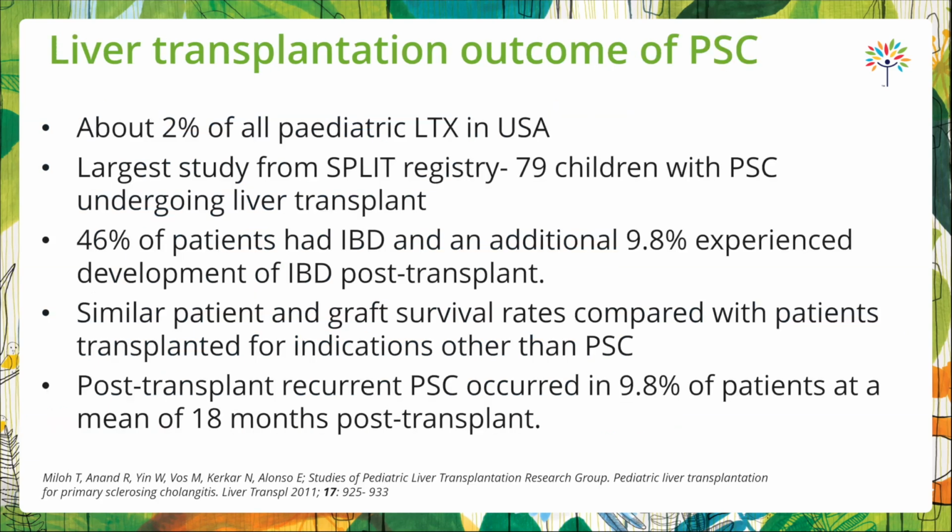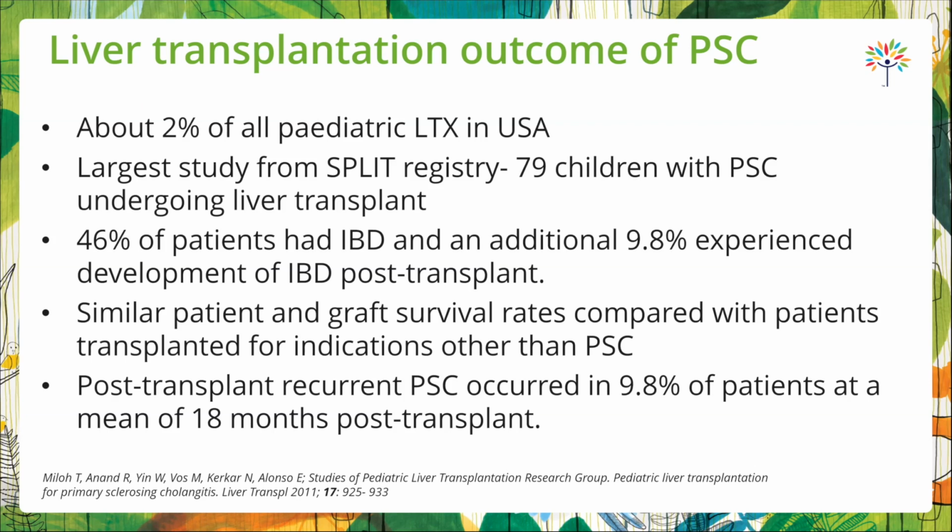What about liver transplantation? What if your child does have very bad liver disease and needs a liver transplant? Well, we know that needing a transplant in the childhood age group is pretty uncommon. Of the transplantations done in the US, only 2% are done because of sclerosing cholangitis. The biggest study of children who have sclerosing cholangitis and have had a transplant comes from the SPLIT registry.